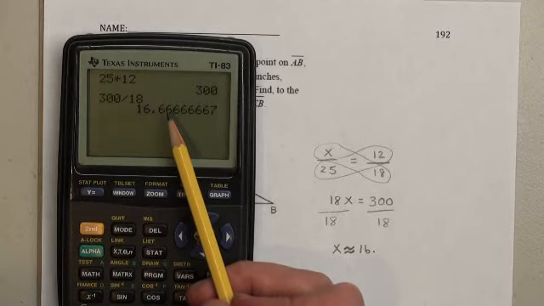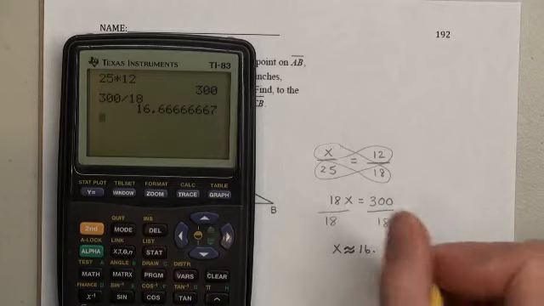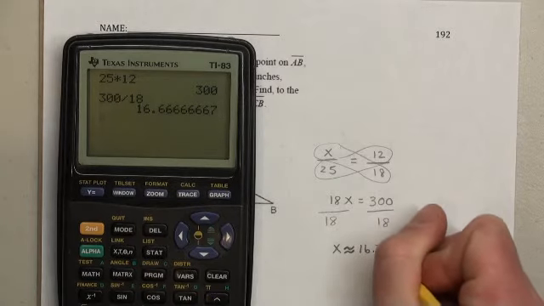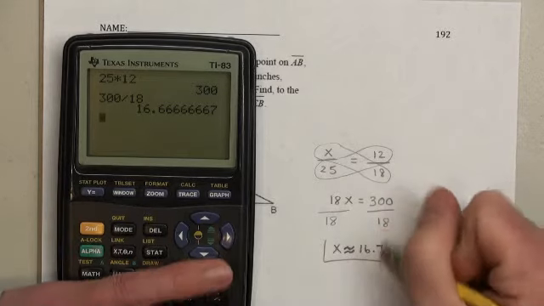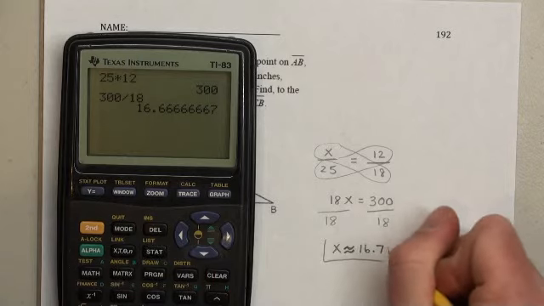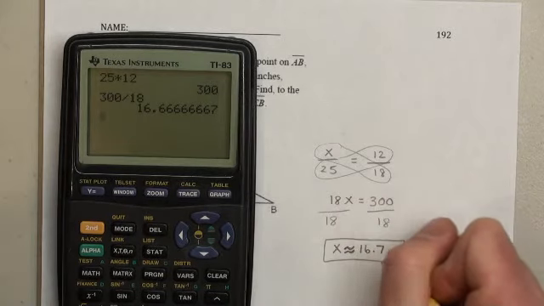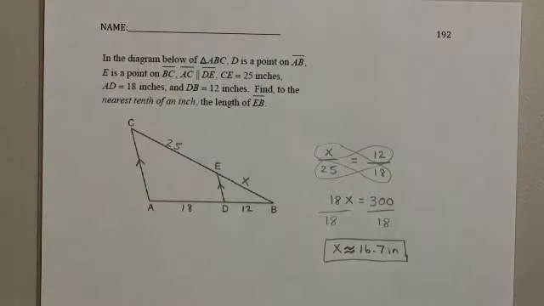Since the number after it is 5 or greater, I raise that number up from a 6 to a 7. So it's approximately 16.7. I round up. And then don't forget your label. This problem had a label. It was inches. And that's it for that one.